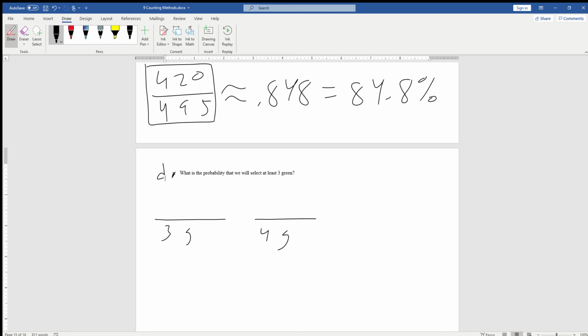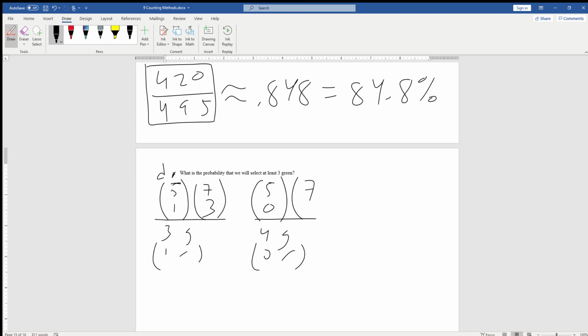We can't forget that we're picking 4 in total, so we're not going to go above 4. So this is basically the only 2 choices we have. Don't forget, implicitly, that means there's going to be 1 red or 0 red. All right, so if we select 3 green, that means we have 1 red, so that's 5 choose 1, and then 7 choose 3 for the greens. And then also, we're going to have 5 choose 0, 7 choose 4.